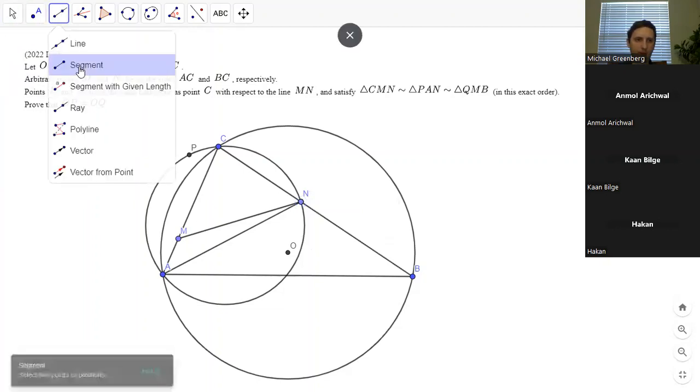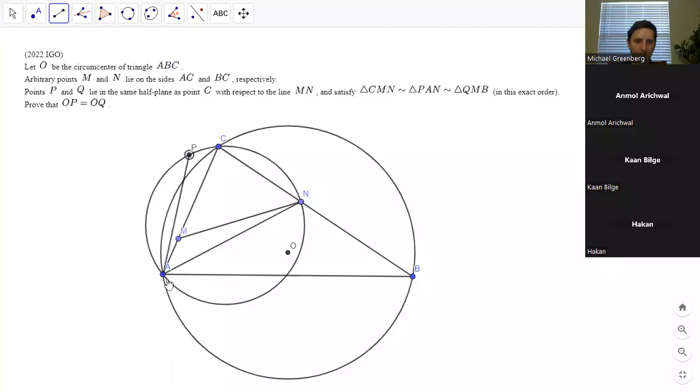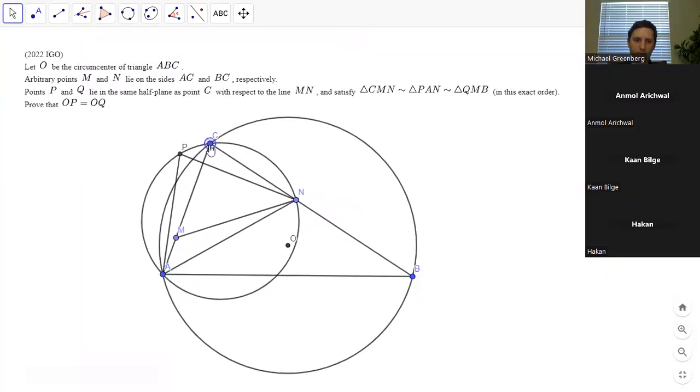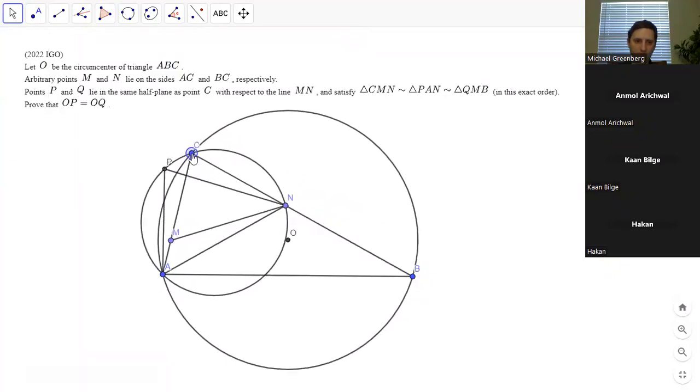Okay. So is it true that PAN is similar to CMN? I think it should be. Yeah. Okay. And then I'll do the same with Q, point Q.